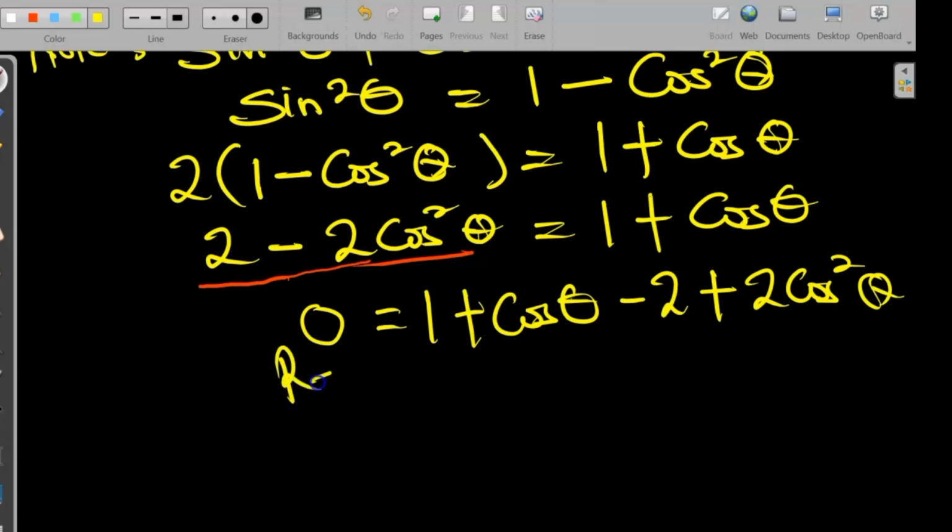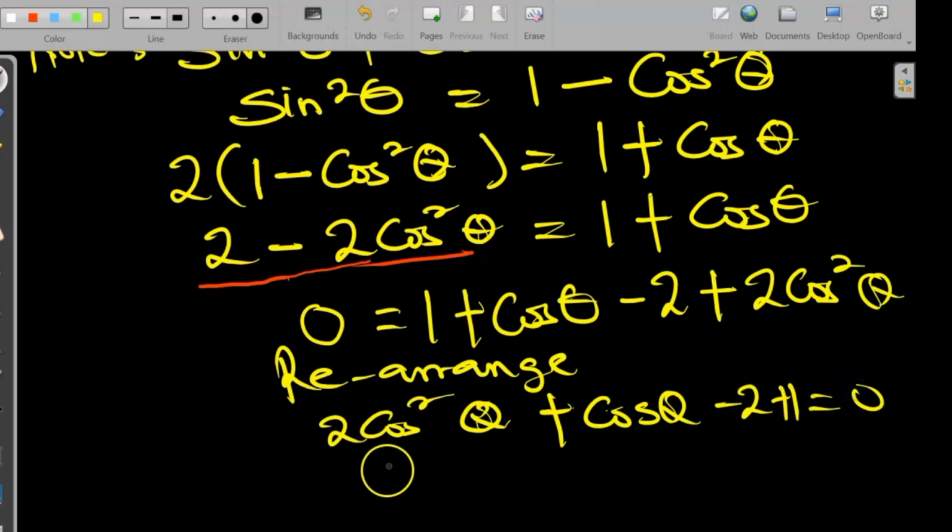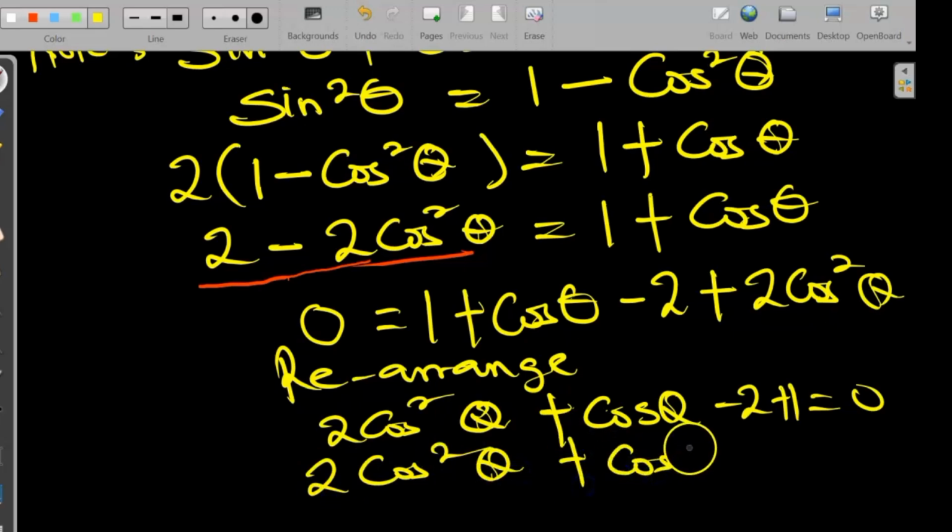Now let's rearrange: 2 cos squared theta plus cos theta minus 2 plus 1 is equal to 0. So 2 cos squared theta plus cos theta minus 1 is equal to 0.